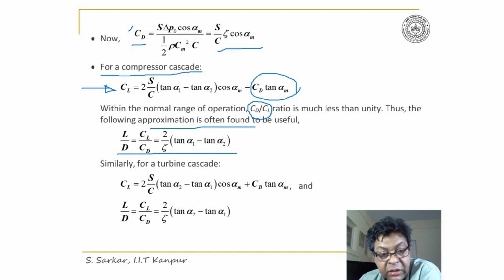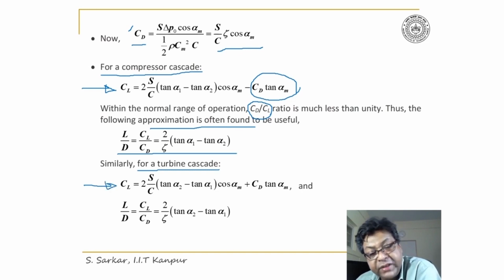Similarly, for a turbine cascade, I have proved that CL is equal to twice S by C into tan alpha 2 minus tan alpha 1, into cos alpha m, plus CD into tan alpha m.